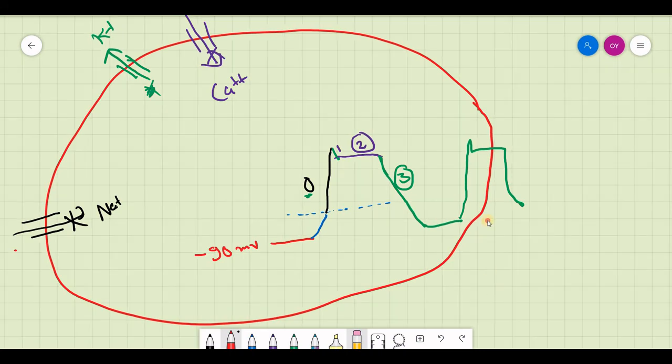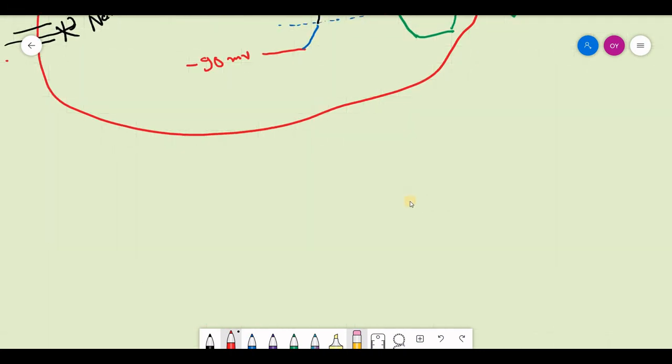One last thing I want to discuss today is excitation contraction coupling of cardiac muscle. This is not actually the electrical event, but how electrical event leads to contraction of cardiac muscle, and this excitation contraction coupling is very much similar to skeletal muscle.